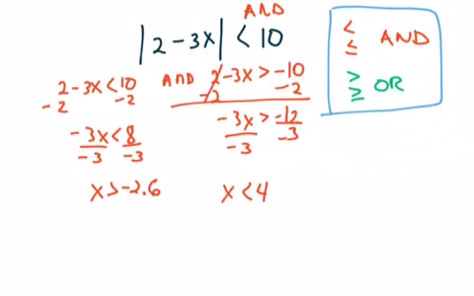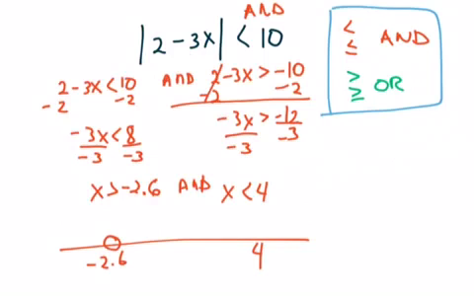And that's AND. So graphing on the number line, these are open circles because they're not equal to. And it's bigger than negative 2.6, but less than 4. So it's this overlapping region that shows why it's an AND.